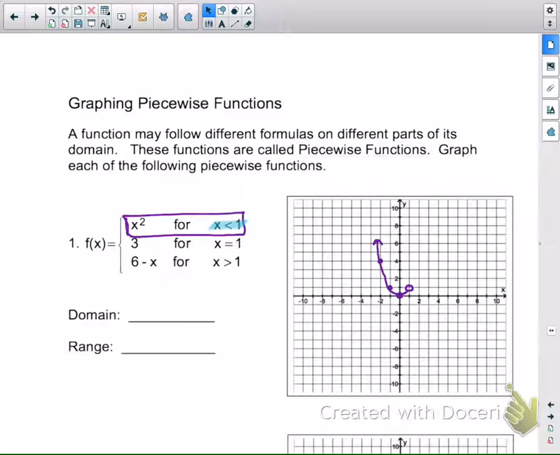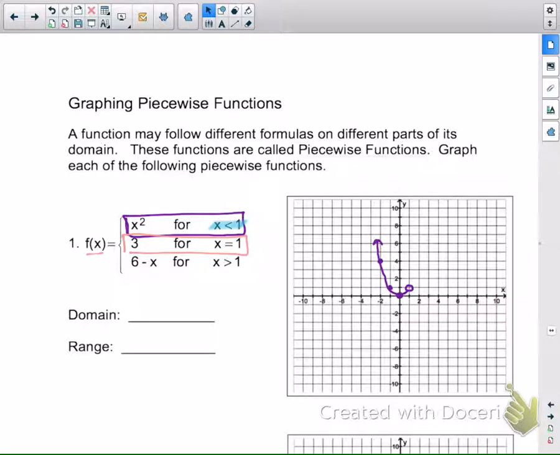Let's graph the second one. I'm going to color code these things. Second one is the middle section. This one, if you're very, very careful with it, it's very easy. First off, if it was just an equation y equals 3, because that's what f of x is, right? It's y equals. What kind of equation is y equals 3? Or what does it look like on a graph? Horizontal line.